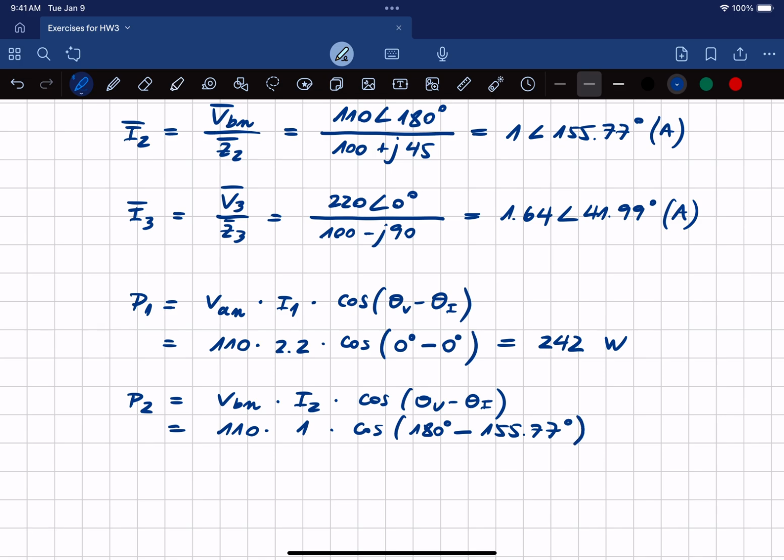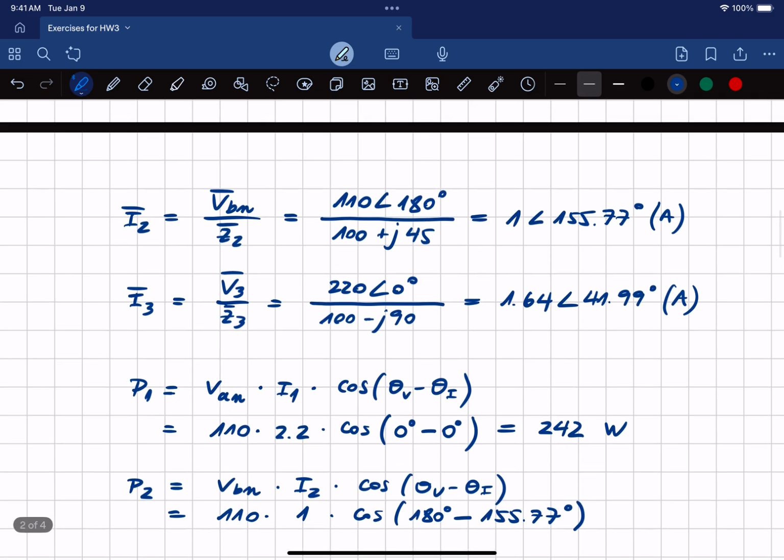So one thing that is important here is that you know that this is an inductive load, right? So for an inductive load, the current is always lagging the voltage. The angle of the voltage is 180, the angle of the current is 155. So it's actually happening, right? The angle of the current is behind the voltage. So it's lagging. So everything makes sense.